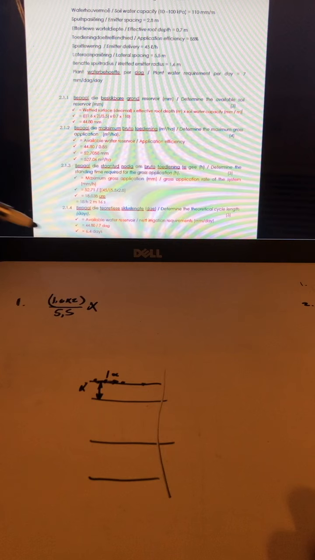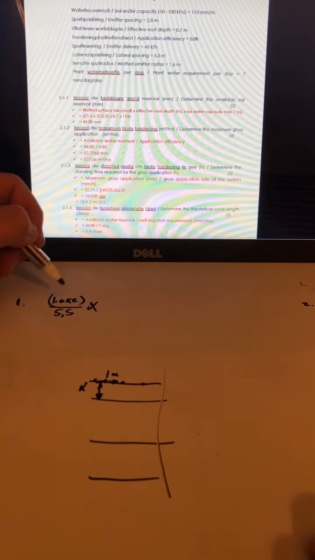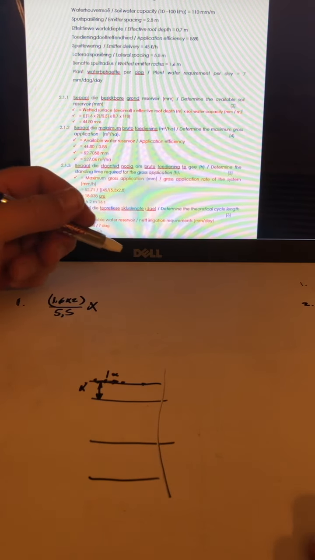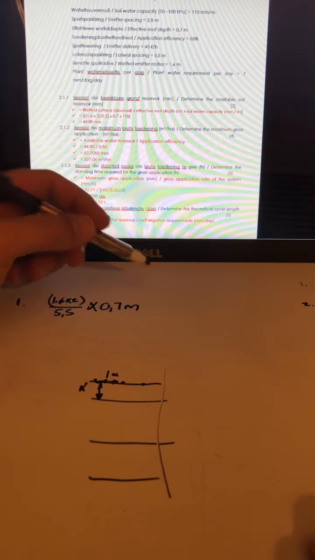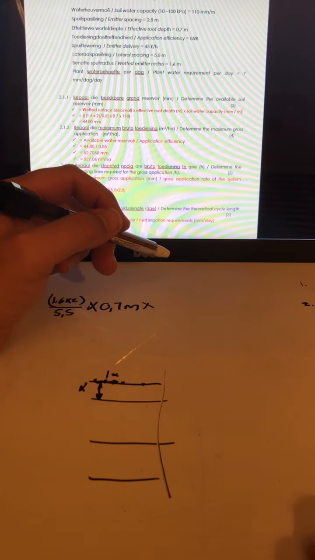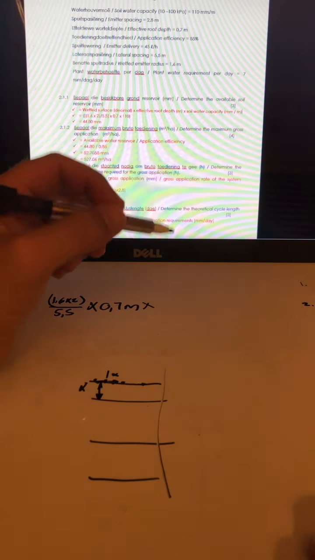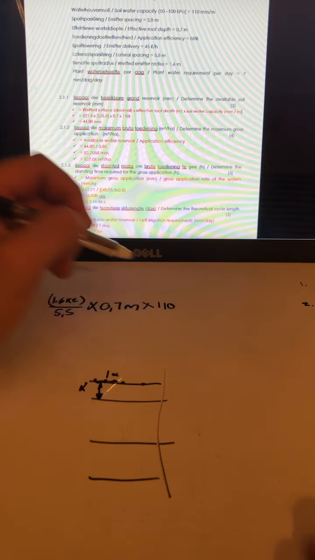5,5. Then that multiplied by your effective root depth, which you get from the top is 0,7 meters, and that multiplied by your soil water capacity, which you can see at the top is 110 millimeters per meter, so 110.